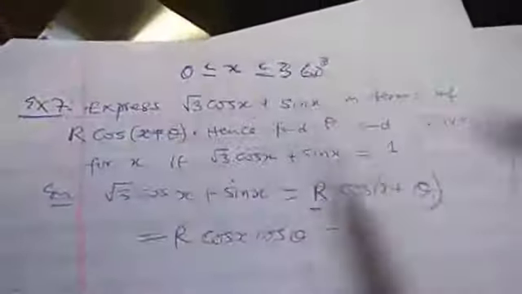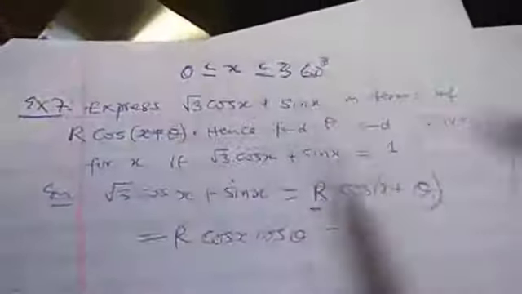Then I'll use the formula of compound angle, which says cos a minus b. So our answer is cos s cos theta, and from the compound angle, this will be plus sin s sin theta.